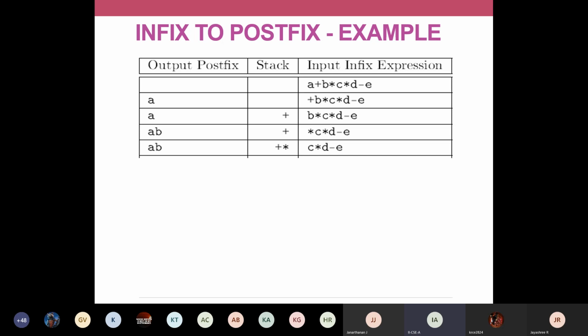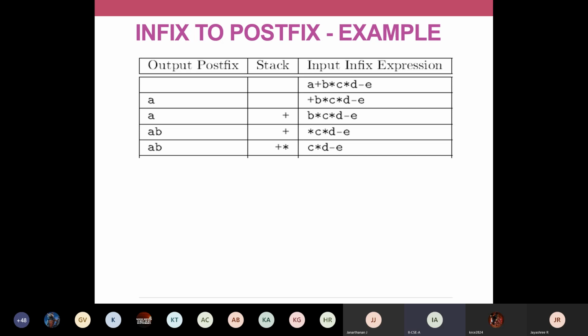Otherwise, you push the input token into the stack. This you have to remember. You must not go and write the star into the postfix notation, then your expression will be evaluated wrong.